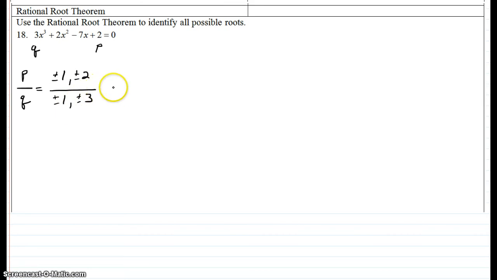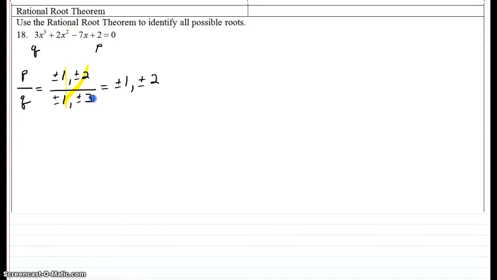And so now we're going to write all our possible factors. So first thing we're going to look at is 1 over 1. And then we'll look at the 2 over 1. And so we have factors of plus or minus 1 or plus or minus 2.